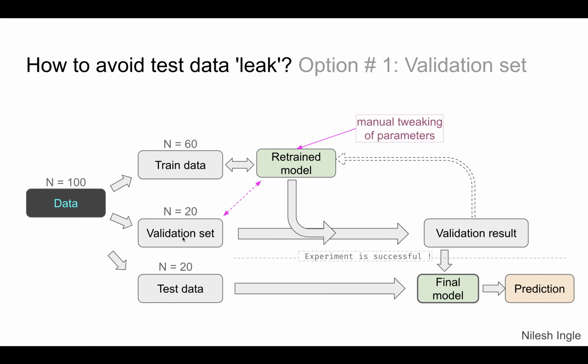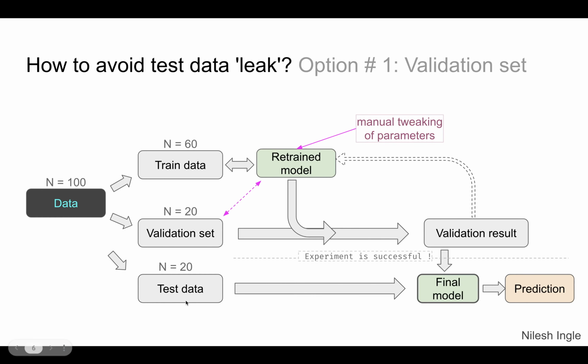That's the advantage of using a validation data set. This would potentially avoid the issue of data leak into the test data, because the test data is never seen by the model.